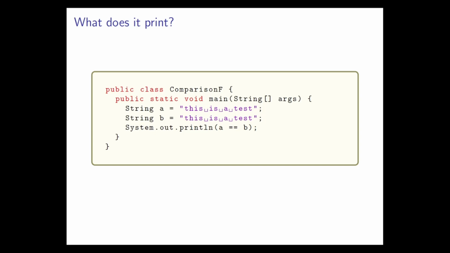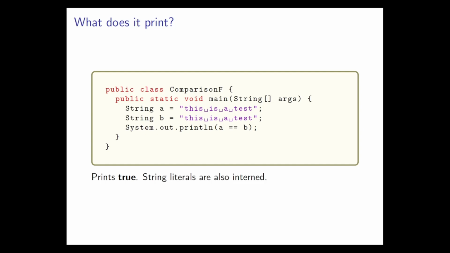What about this one? This one we're doing strings, and we're comparing two strings, both of which are set to the literal string "this is a test", and we're using double equals. This one prints true as well, because string literals are also interned. The compiler saves space by saying, we've got two copies of this literal string "this is a test".